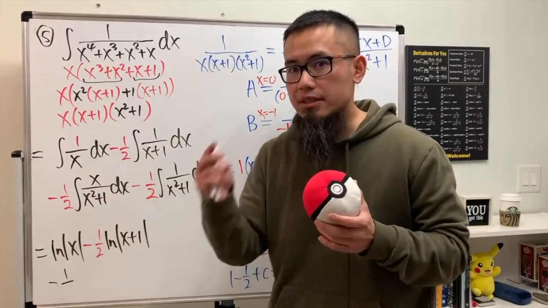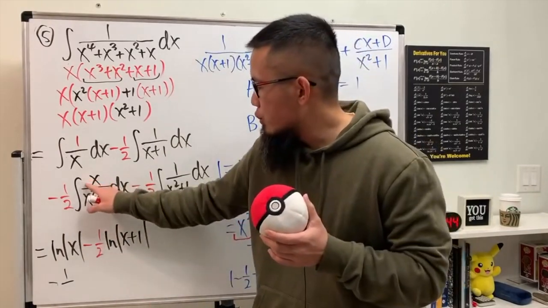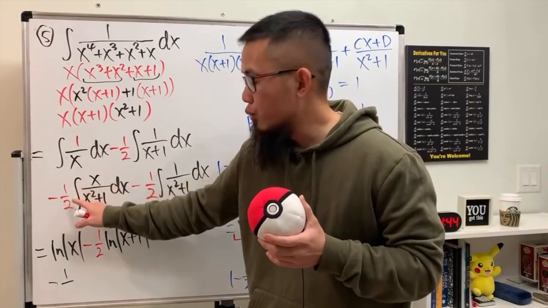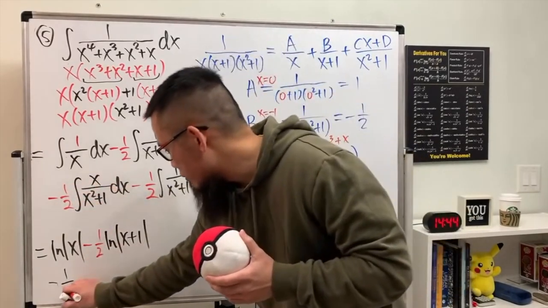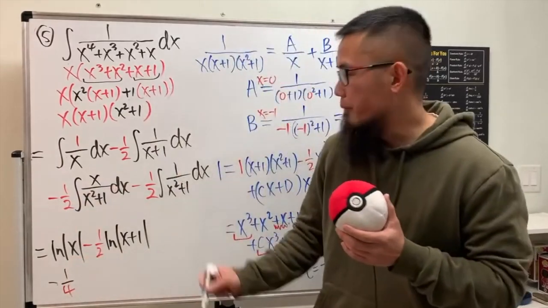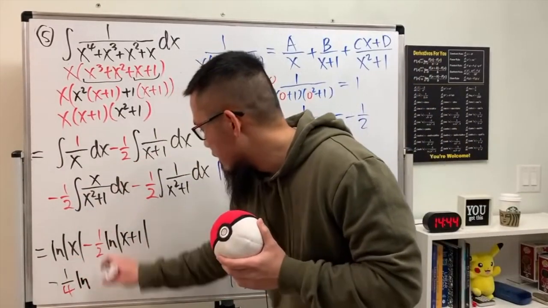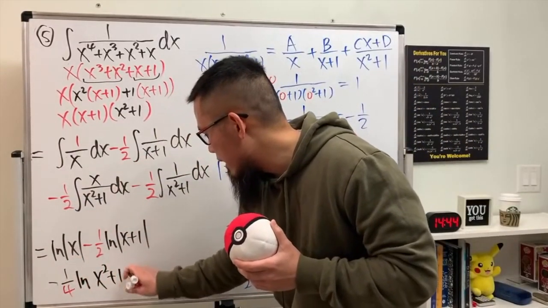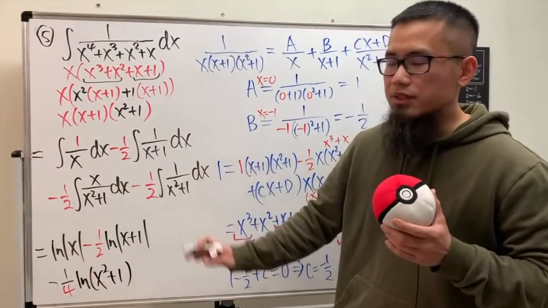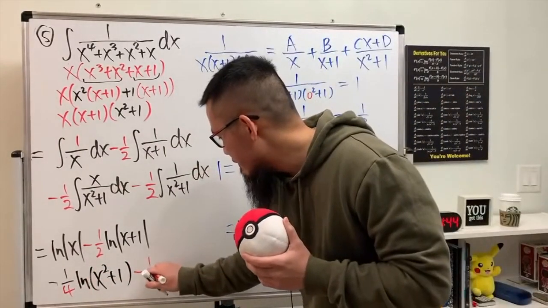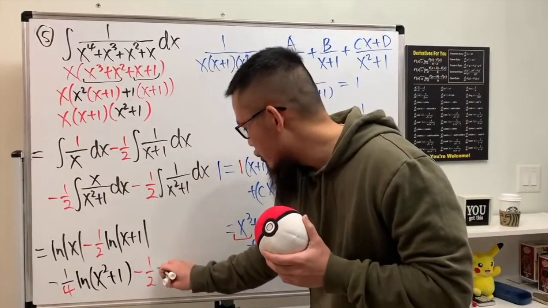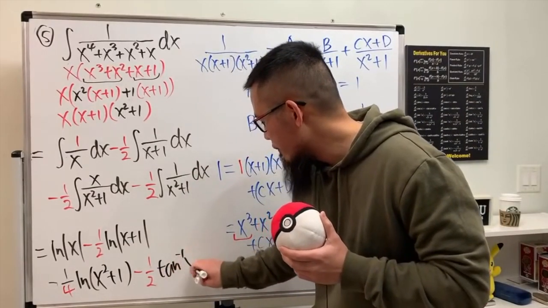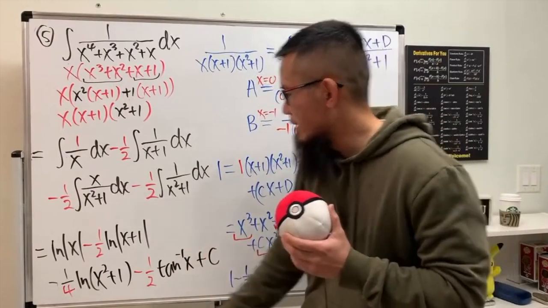The derivative is 2x. So you need a 2 here. Be sure you divide it by 2 right here as well. So this right here is actually negative 1 over 4. And then you have the ln of x squared plus 1, and we just need the parentheses for that. Lastly, negative 1/2, and this guy is just inverse tangent of x. Very, very nice. All right.